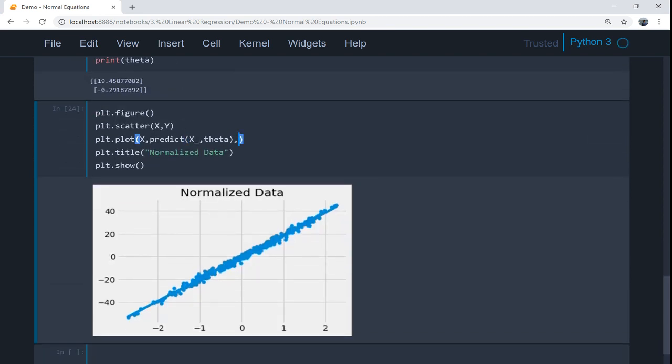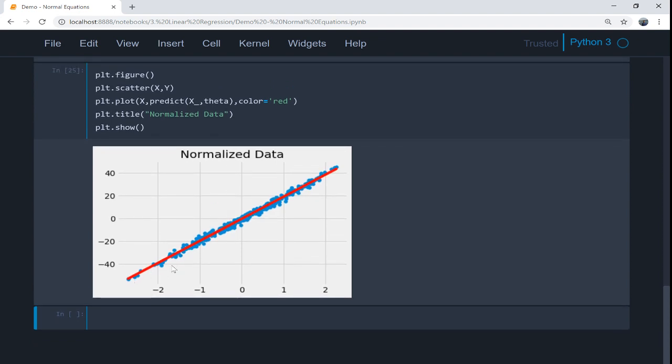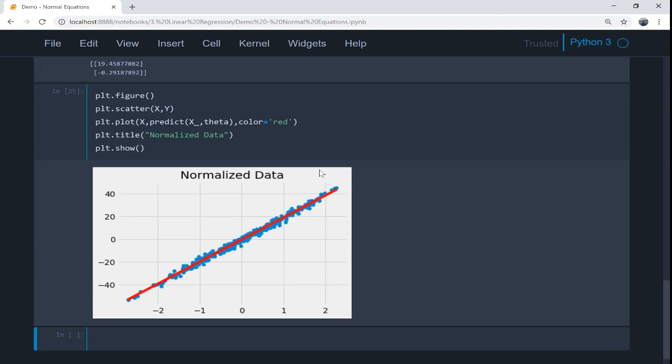And let us define color as red. Okay, so clearly you can see that we are able to get a line which is very well fitting to our original data set, and now you can compute your accuracy and whatever, right?